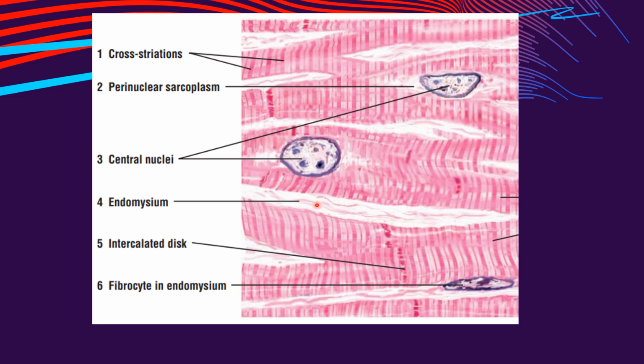This is not a muscle tissue but a connective tissue that covers your individual muscle fiber. Please note the muscle fibers are branched, and you have a nucleus that is centrally located for this one.